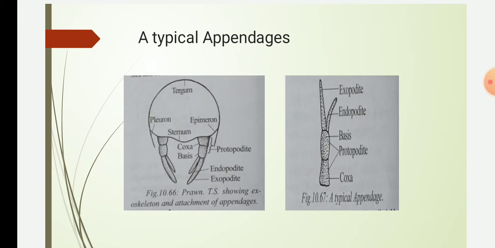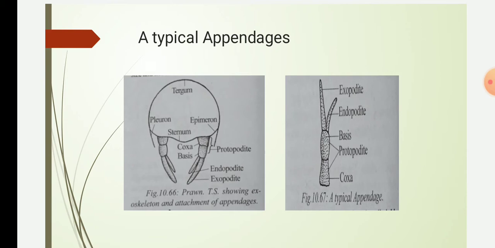So the basal region of the appendage is called the protopodite and it consists of two segments, also called podomeres, named coxa and basis. The coxa is attached to the body, whereas the distal segment is called the basis.